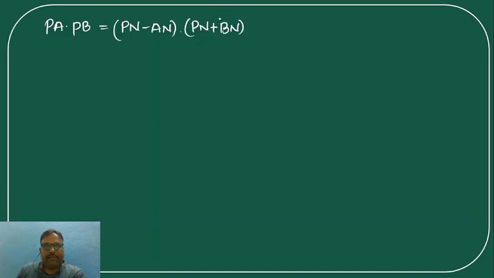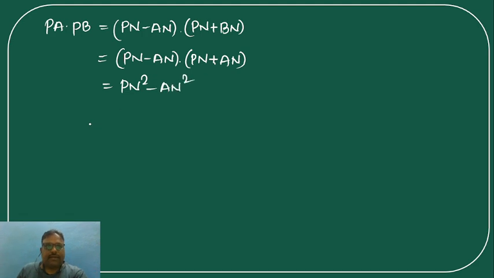So in the place of this BN, I can write AN again. So I get PN minus AN into PN plus AN. A minus B into A plus B becomes PN square minus AN square. Therefore PA into PB is equal to PN square minus AN square. This is what we have to prove. So the first condition we got.